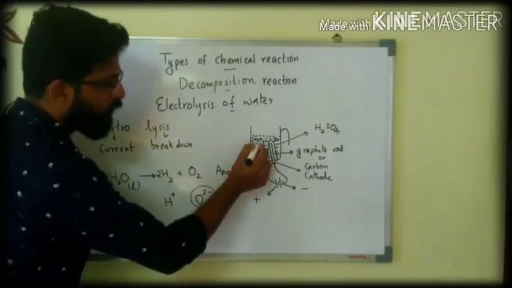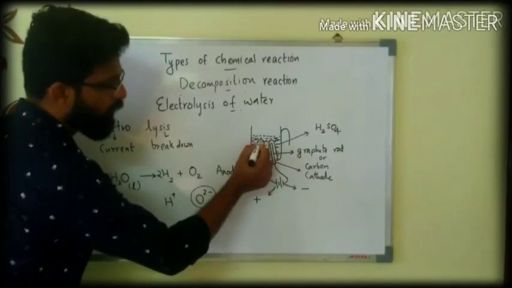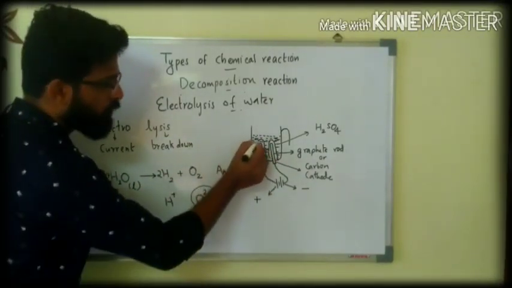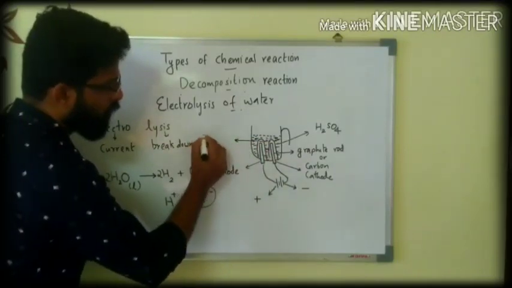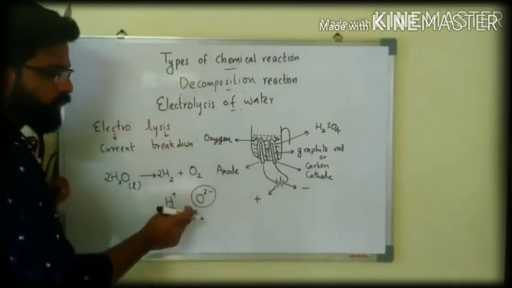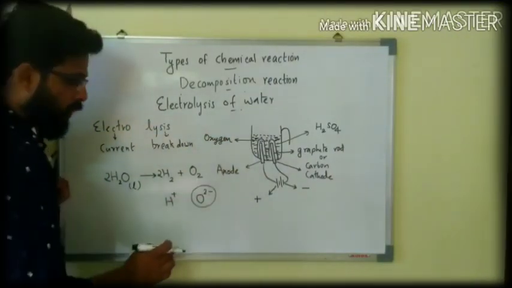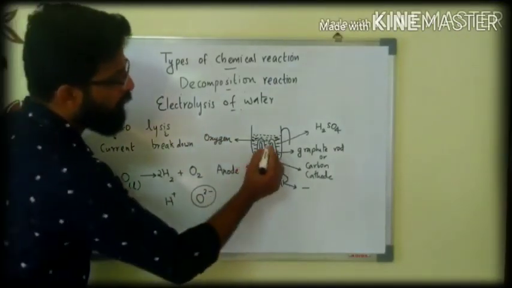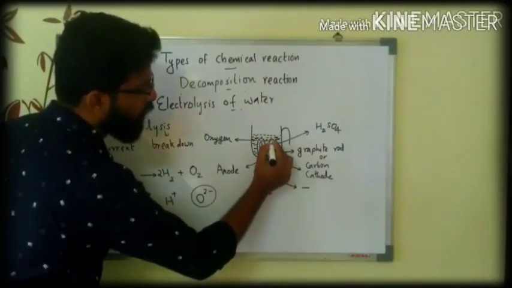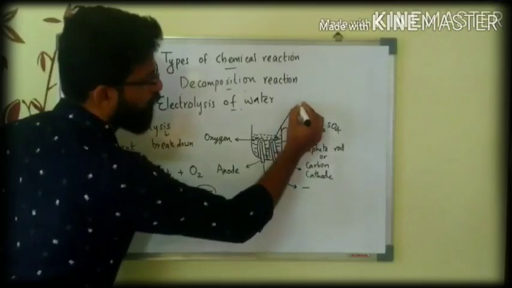Here you can see some gas coming into the test tube. What gas is involved there? Oxygen. Why? Because oxygen has a negative charge. And hydrogen will collect in the other test tube, near the cathode.